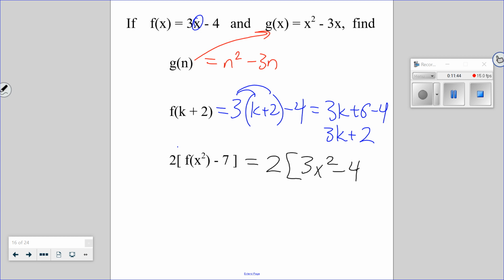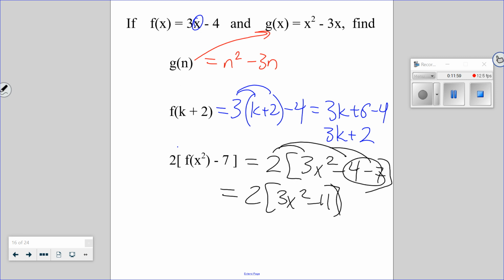Okay, and then I just use order of operations. Let's combine those two. Okay, 2 times 3x squared minus 11. Okay, then distribute my 2. 6x squared minus 22.